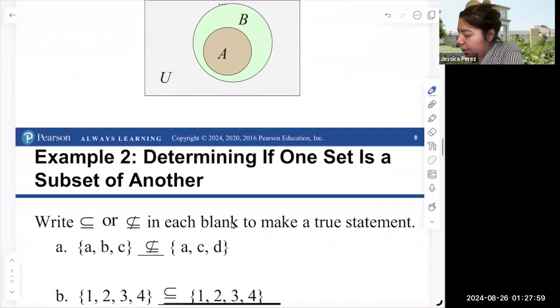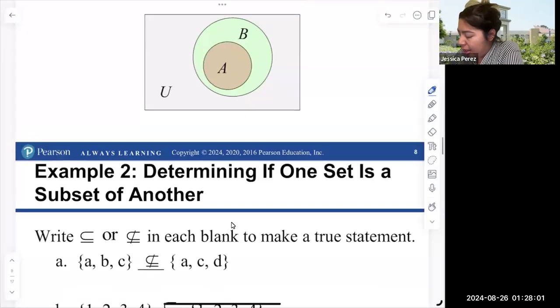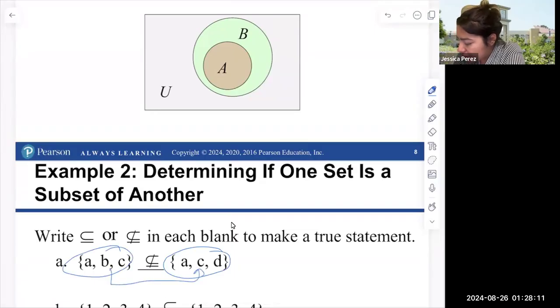What we're going to do is determine if one set is a subset of another. So let's look at this: A, C, and D, and A, B, C. Well, first of all, B doesn't even live in the first set. So it's not a subset. This has 3 elements, this has 3 elements, but B would have to be in here.